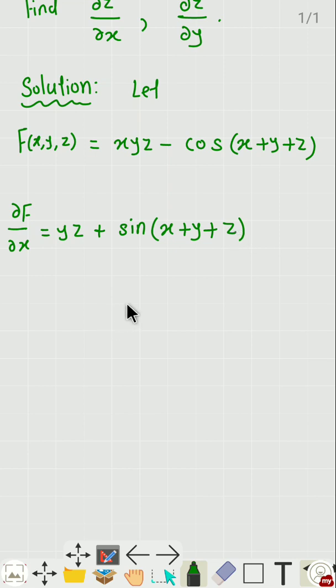Then partial derivative of f with respect to y is equal to xz plus again sine of x plus y plus z.